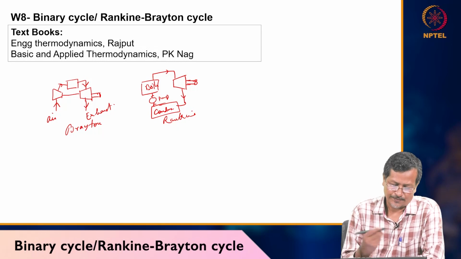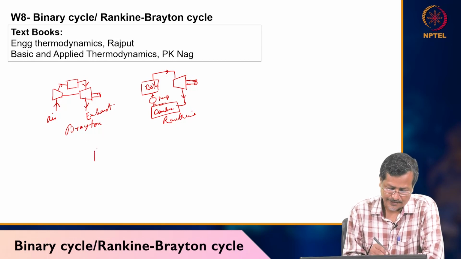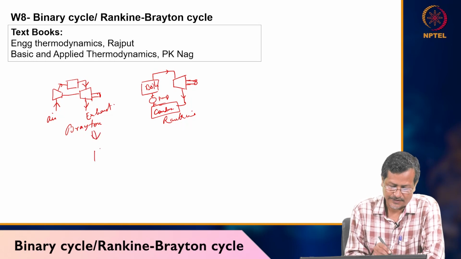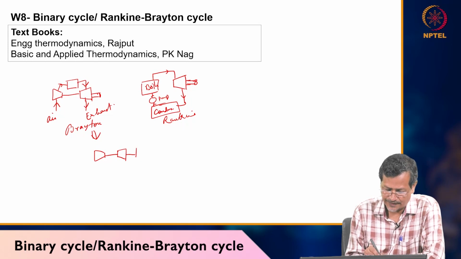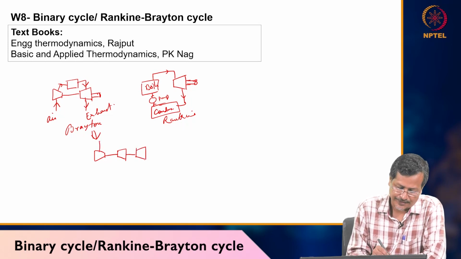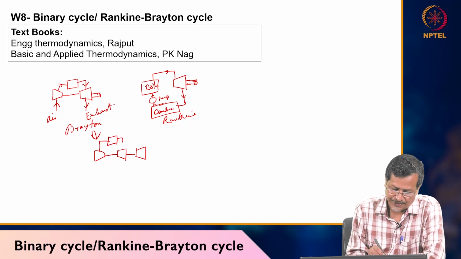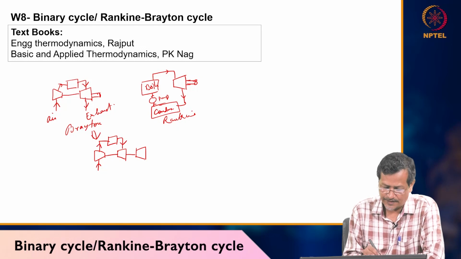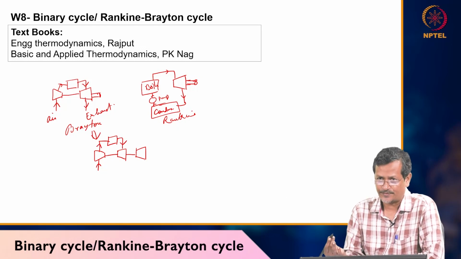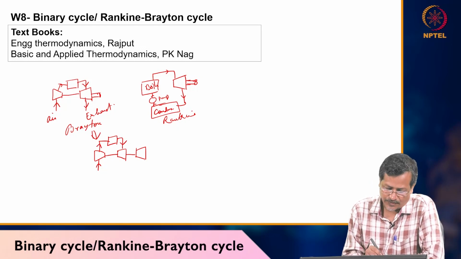Okay, now in the previous lecture we saw the reheat cycle for the Brayton cycle. The compressor is here, the turbine is here, then another turbine. The combustion chamber is here, and before going to the second stage of the turbine, you reheat again.